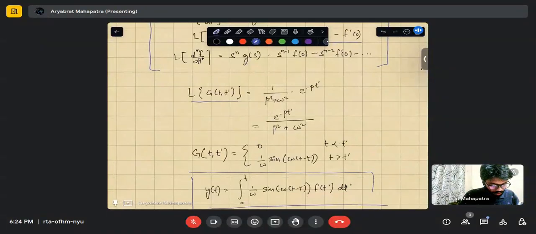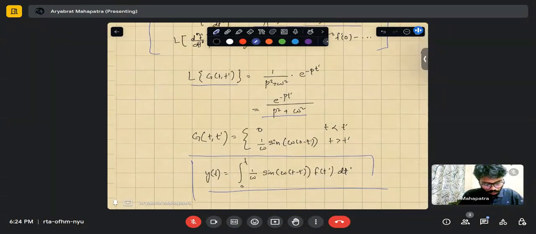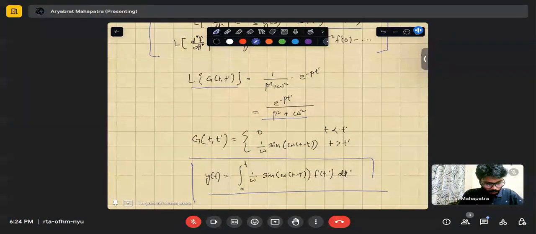So you get something like this. Because your final aim was to determine your Green function, but here you have calculated the Laplace transform of your Green function, you have to calculate g, that is your actual Green function.